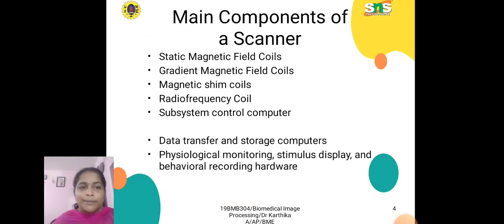Okay, what are the main components of a scanner? Here we have static magnetic field coils, gradient magnetic field coils, magnetic shim coils, radio frequency coil, subsystem control computer, data transfer and storage computers, physiological monitoring, stimulus display, and behavioral recording hardware.